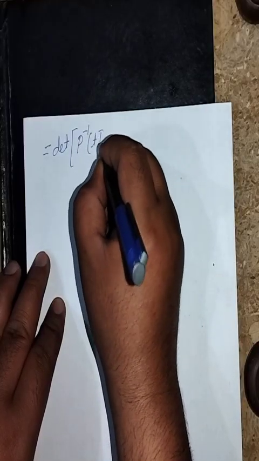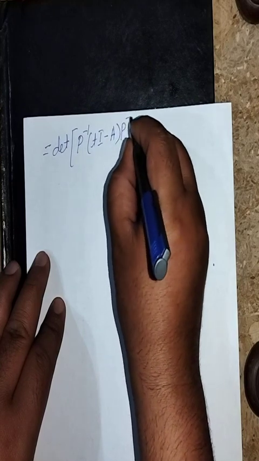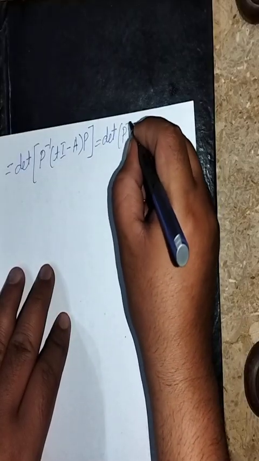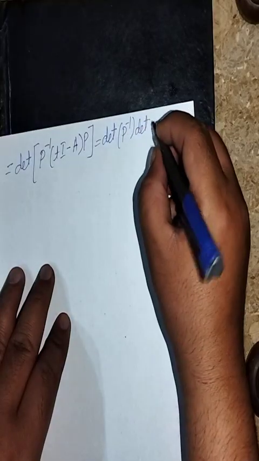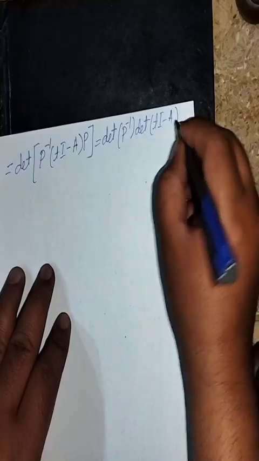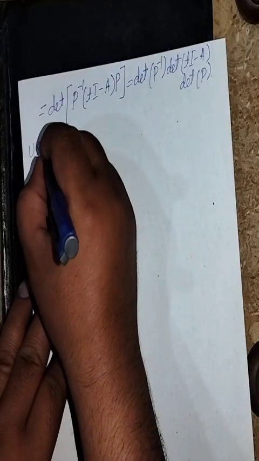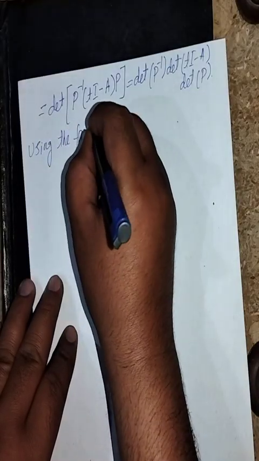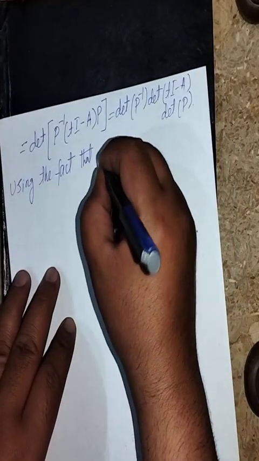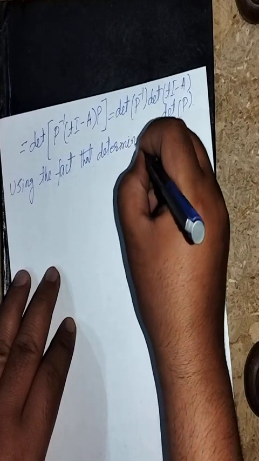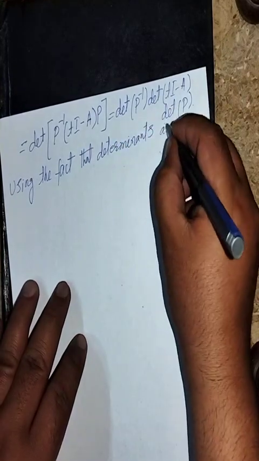That is equal to that of P inverse (tI minus A) into P. Now using the property of determinant, this will be that of P inverse, distribute the determinant, that of tI minus A into that of P, using the fact that determinants are scalars.